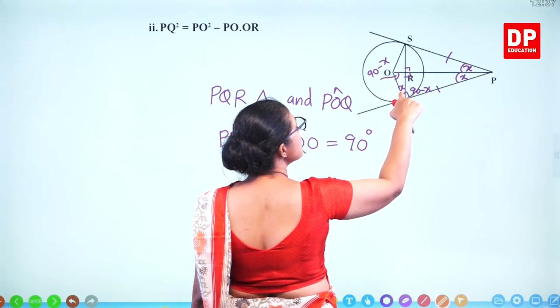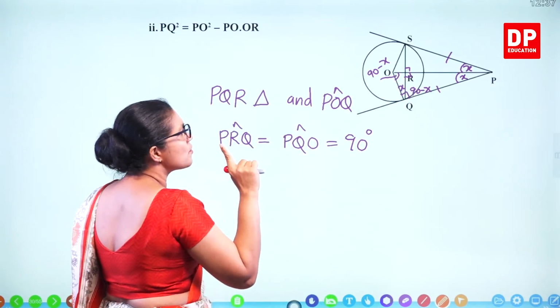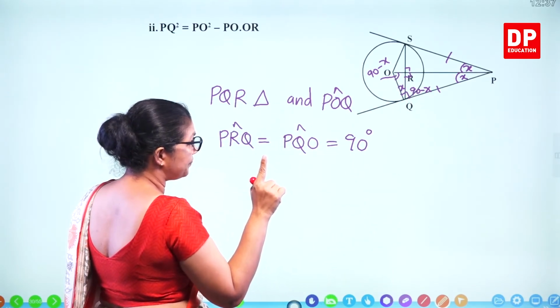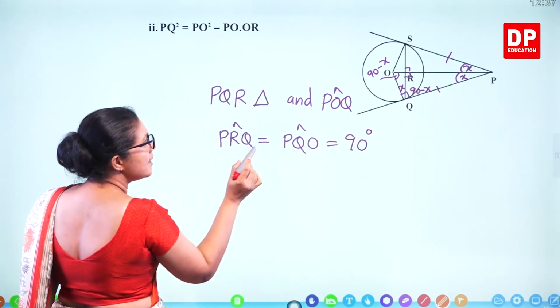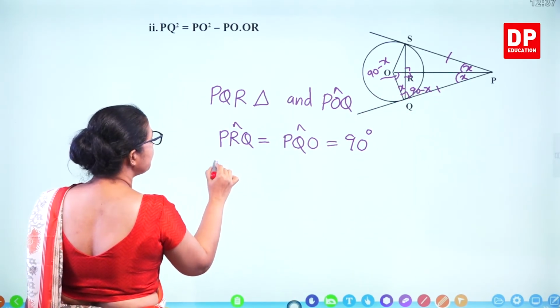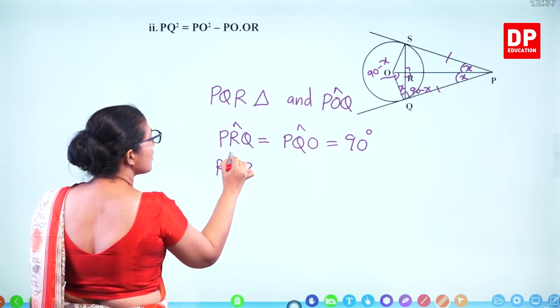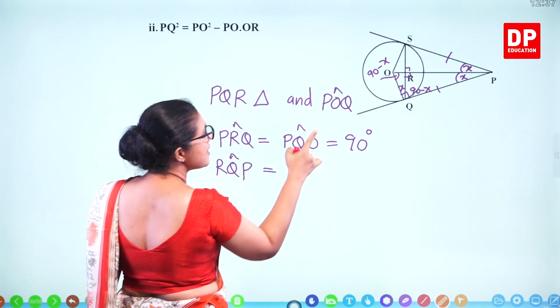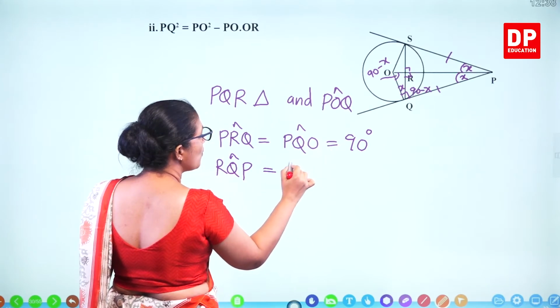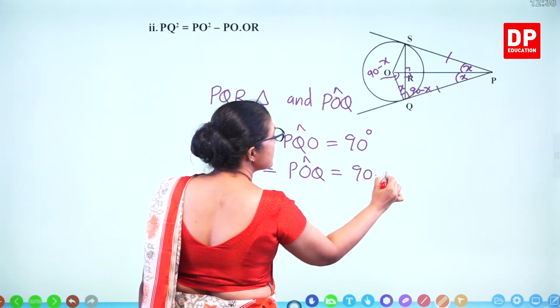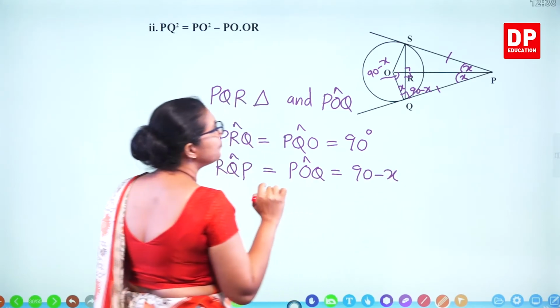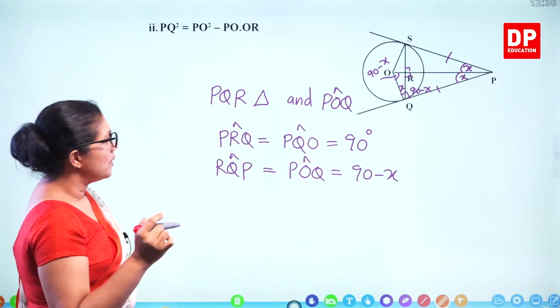This is 90, this is X, 90 minus X. Now when you take the small angle, RQP is 90 minus X, that's the same as POQ, 90 minus X. Angles are equal.